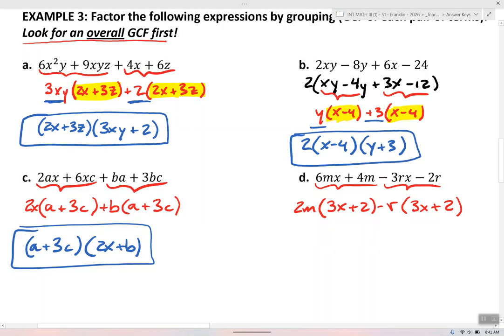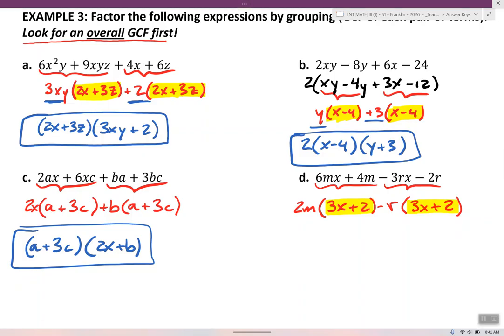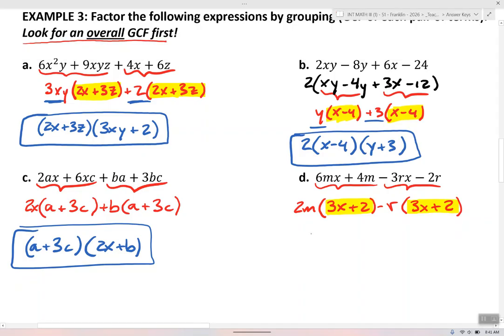Typically, you only want to do that if they are both negative, or if you need to make it match the other term in parentheses. So our final answer here is 3x plus 2 and 2m minus r.